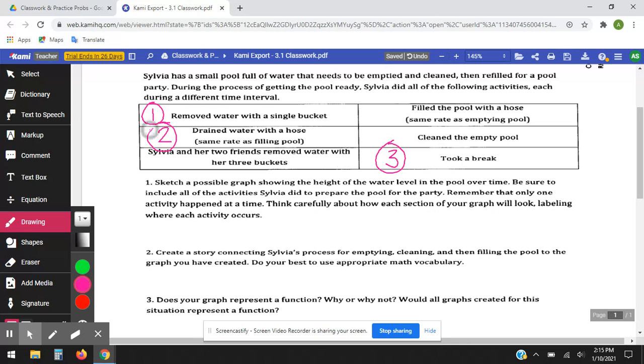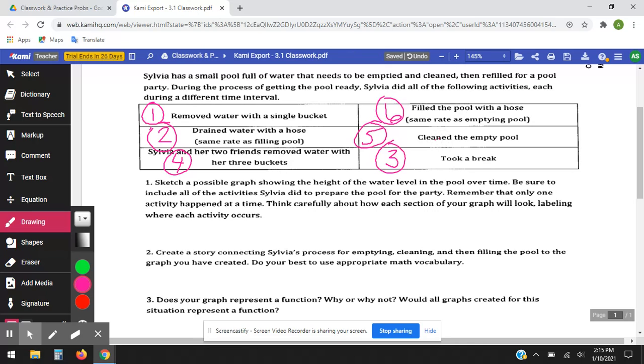And then when that little bit at the bottom of the pool that the hose can't get out, her friends helped her get the rest of it. And so then they cleaned the pool, because you have to wait till it's empty to clean it, and then they had to fill it at the end. So notice it can't go in that order, in complete order, because those two had been backwards.